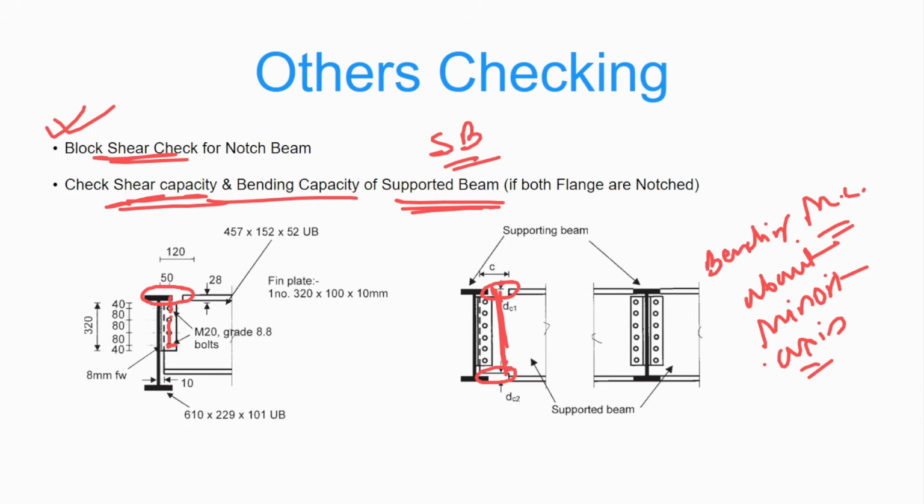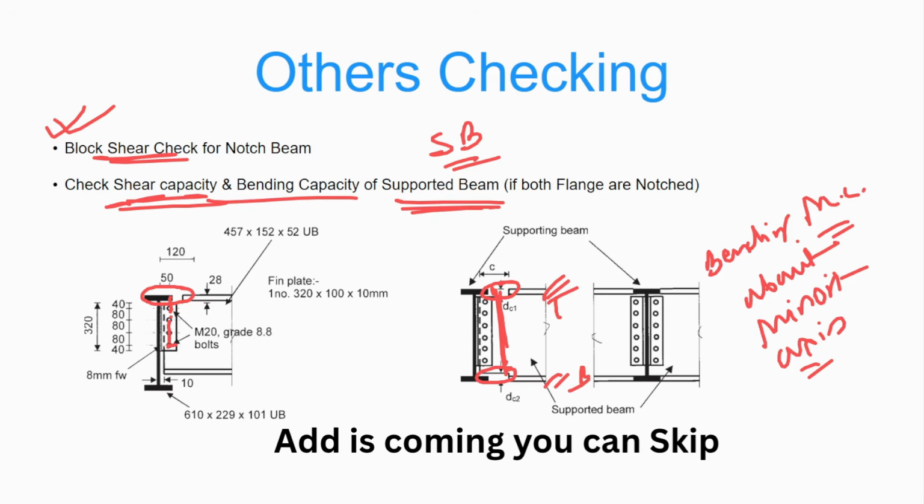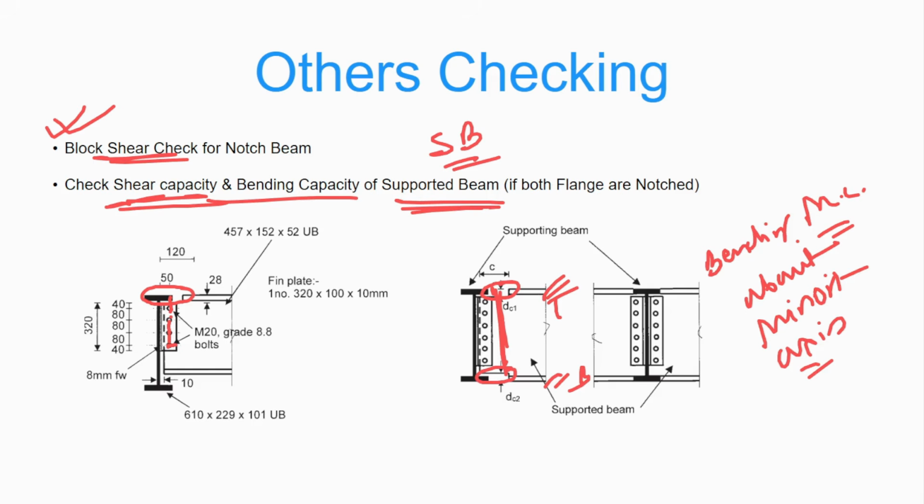So these two checkings are very important in case you have a notched secondary beam on both sides, both at top and bottom. So that's it. Now we will start our complete design of a shear connection.